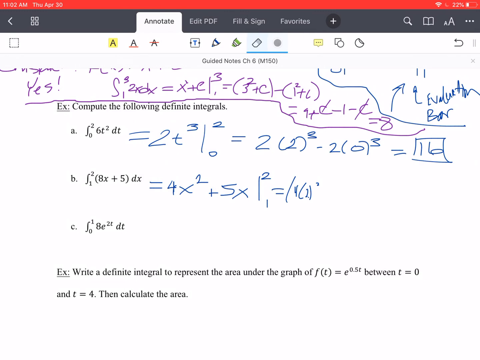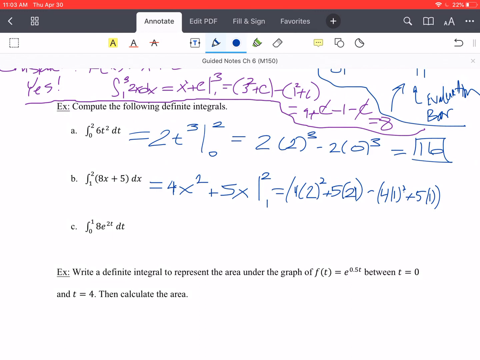Oops, let me rewrite those 2's. 4 times 2 squared plus 5 times 2, minus, 4 times 1 squared plus 5 times 1.